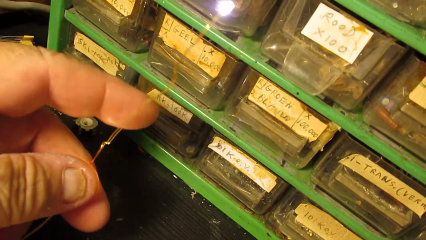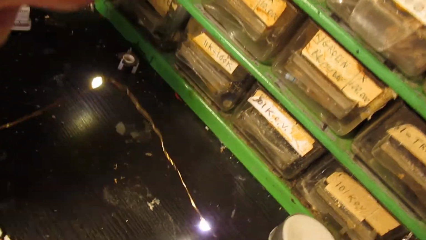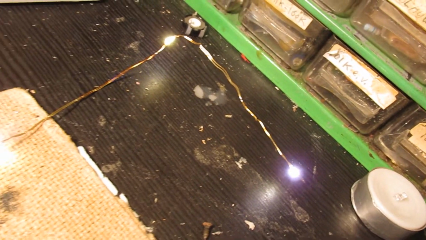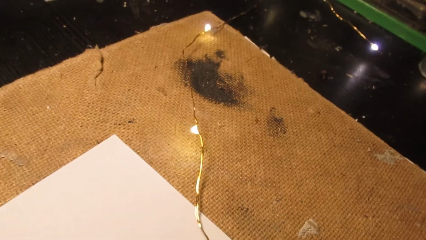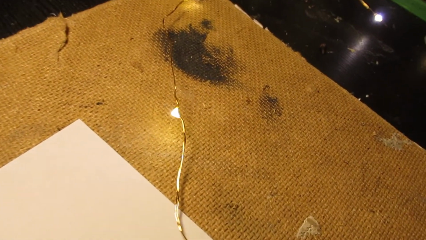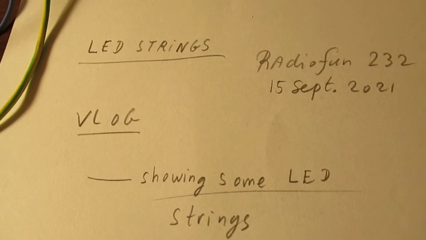That's perhaps not very peculiar, because we find them everywhere in garden lanterns, etc., etc. But in fact we have to do with a very high quality light emitting diode string. And the video is about these LED strings.